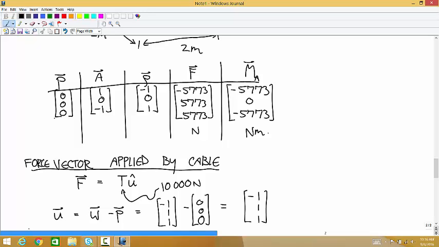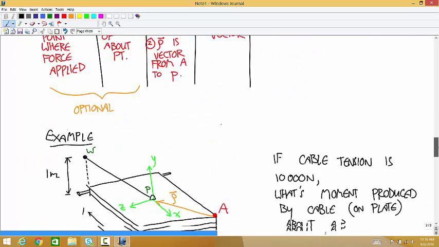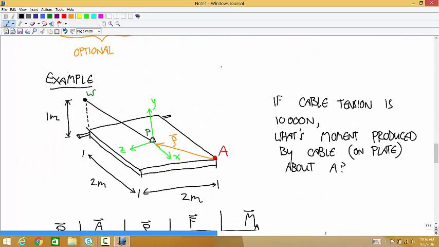Just one question. I understand how the problem is set up, but I didn't really quite get why we used the unit vector to find the force. Yeah. Well, because what we were given in the problem was that the cable tension is 10,000. So we know that the magnitude of the force is 10,000. And separately, we know since it's a cable, we can figure out what the direction is.